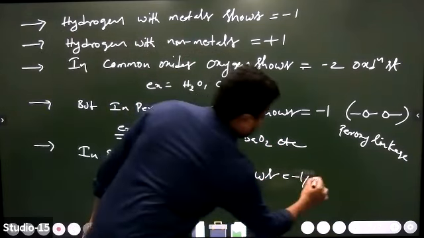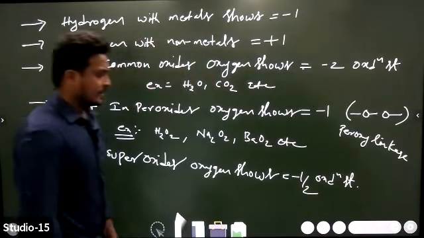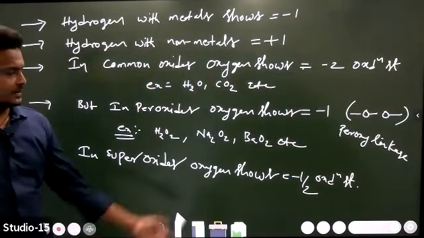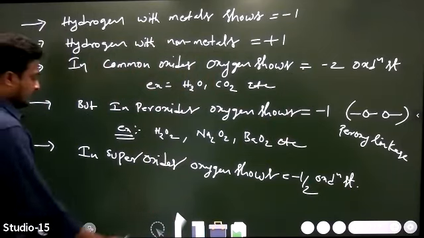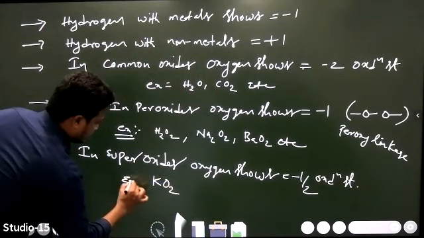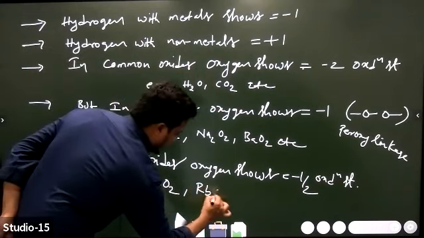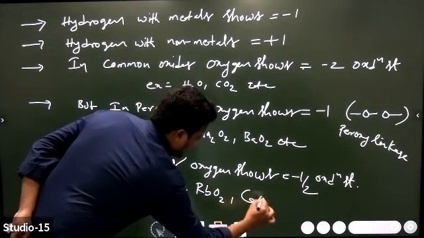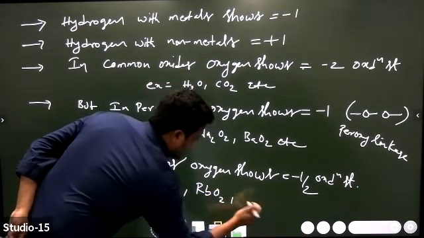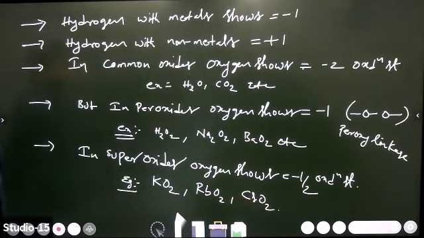Examples are KO2, RbO2, cesium superoxide, CsO2. Copy up to here, all these points.